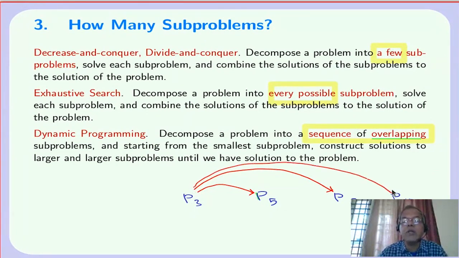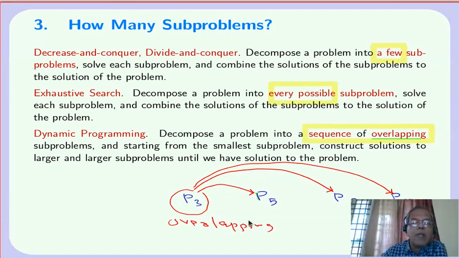P3 is also needed to solve P15. So P3 is a subproblem of P5. P3 is also a subproblem of P8. P3 is also a subproblem of P15. Then we say this P3 is an overlapping subproblem. This is only another word for duplicate. P3 is needed for P5, P8, P15, therefore it is a duplicate subproblem, and just solve it once.